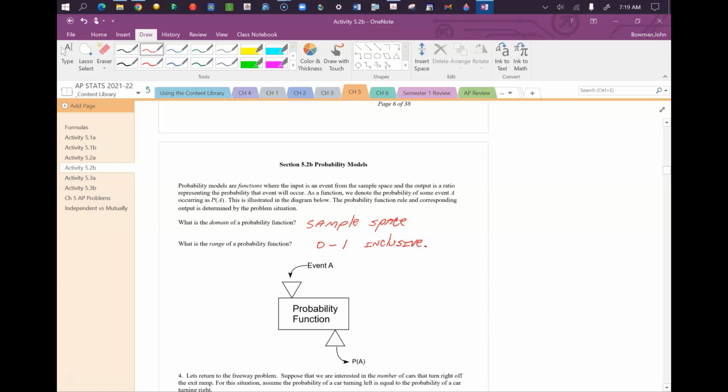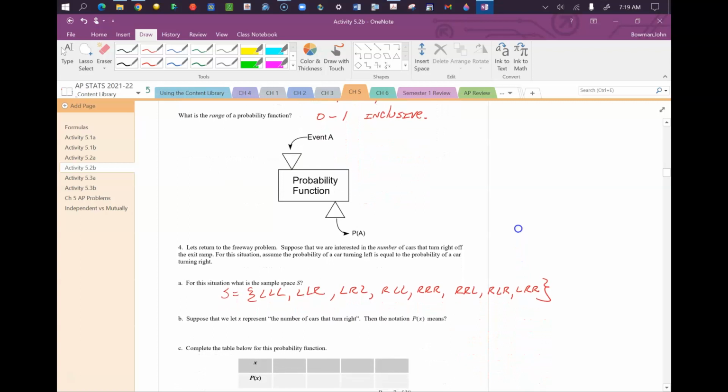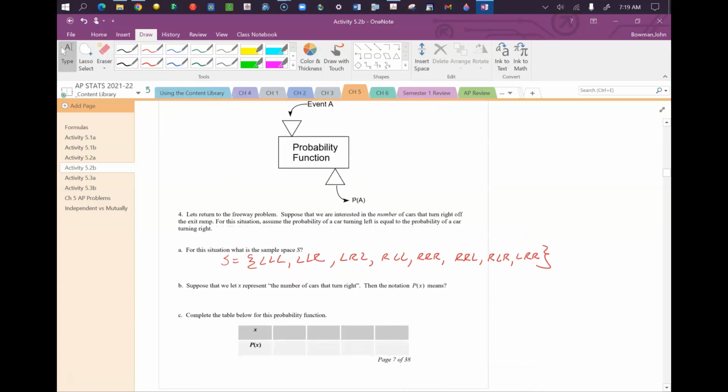So in problem number 4, we're going to list out the sample space, and you recall the sample space are the 8 possible outcomes shown here. And in part B, it says, suppose that we let X represent the number of cars that turn right. Then the notation P of X means the following.